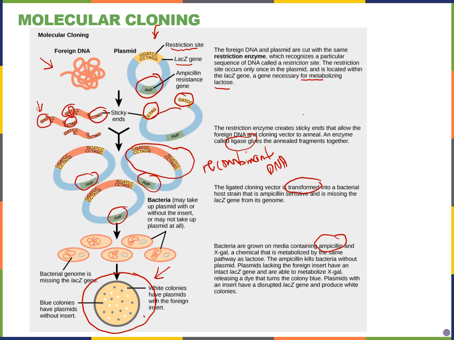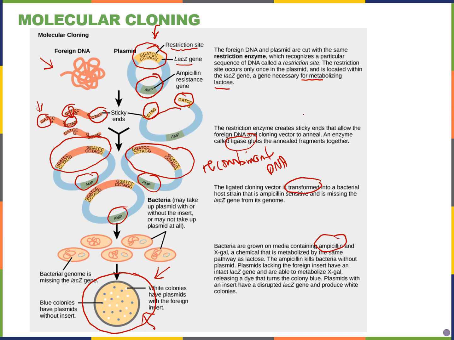Something else I see on the plate is two different colored colonies of the surviving bacteria. Some of them are white and some of them are blue. So what does that mean? It turns out, remember, that LAC-Z gene is disrupted when you insert your gene of interest into the cloning vector.